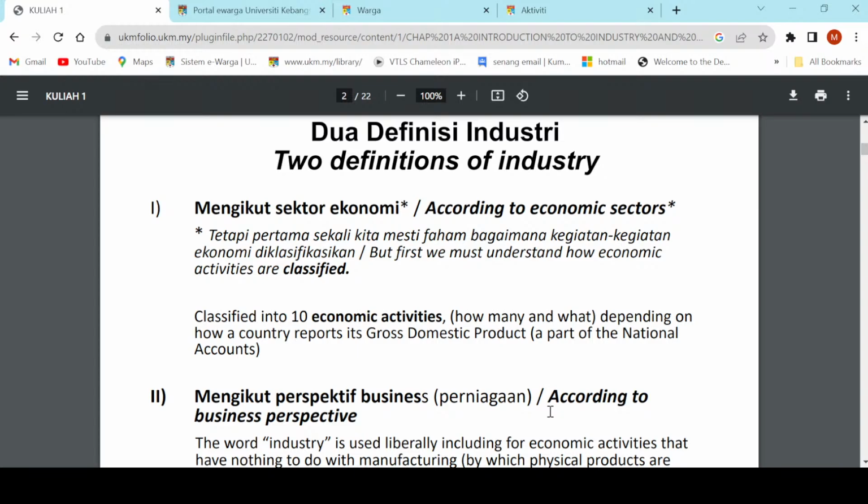For example, banking industry, tourism industry, education industry. These are services.